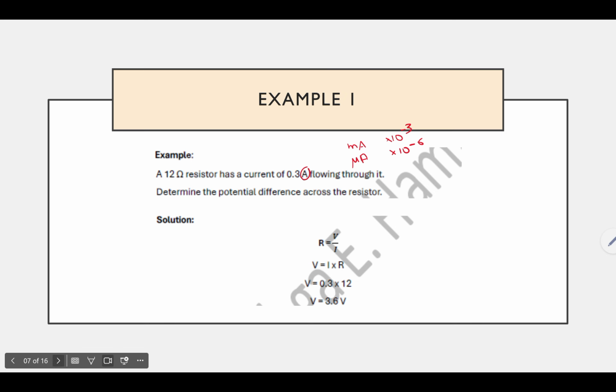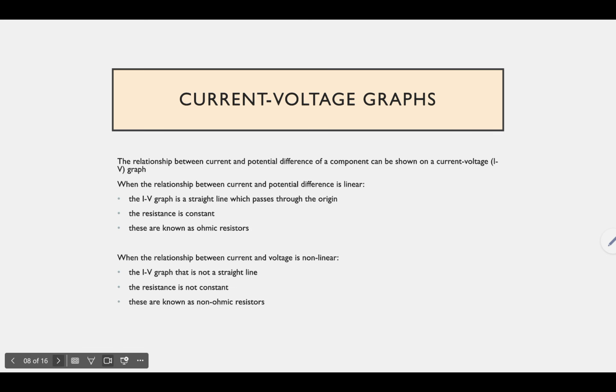Current voltage graphs. The relationship between current and voltage difference of a component can be shown on a current voltage graph. When the relationship between current and potential difference is linear, we find that the IV graph is a straight line passing through the origin, but here the resistance is of course constant, and these are known as ohmic resistors.